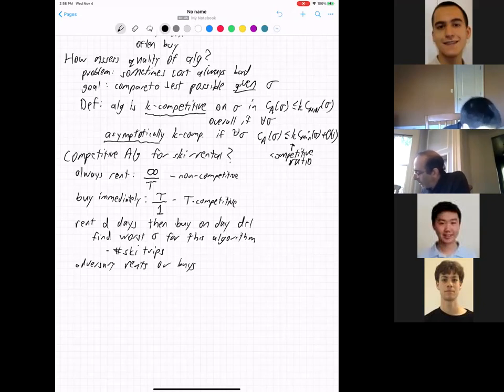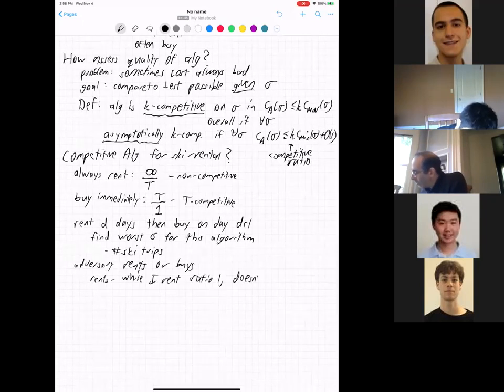But my claim is if it rents, then while I rent, the ratio is 1. And so it doesn't get better. It's always 1. Okay.